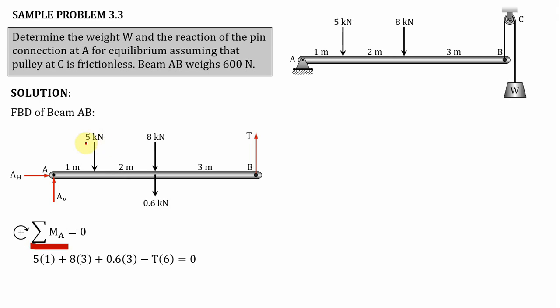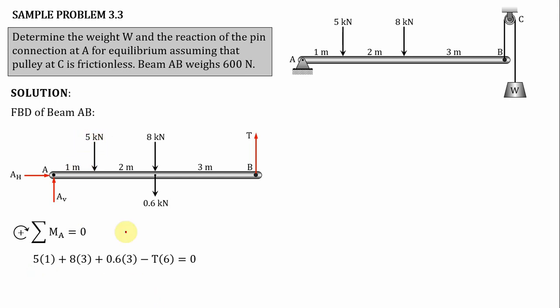Kapag nag-moment ako at A, 5 kilonewton force will develop a clockwise moment, and we assume that clockwise is positive. So therefore, that is 5 kilonewton times 1 meter. That will be the moment produced by 5 kilonewton.